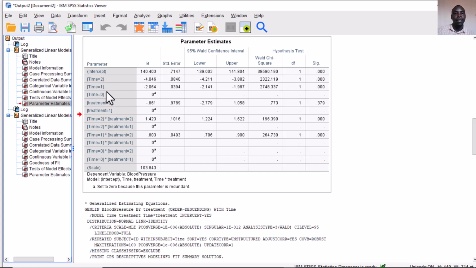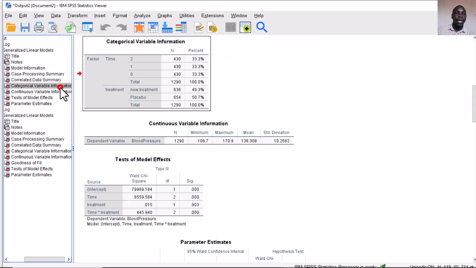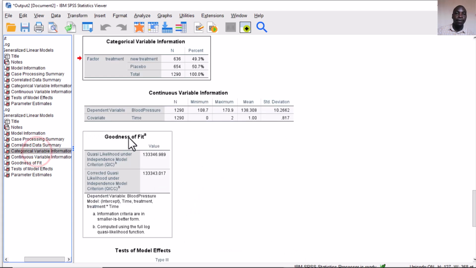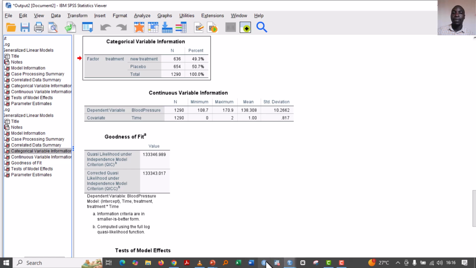We had 3 different categories of time, and we had a longer interaction time list. Even when you look at the categorical variable information, previously time was there, but now in categorical variable information, we only have treatment. And so how would you interpret that?